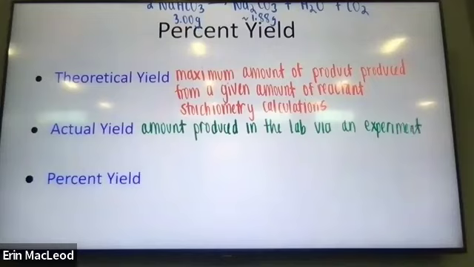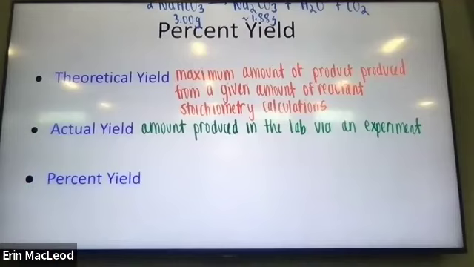Now, when we do word problems, or you take your tests, obviously you're not going to do a lab, so it'll have to give you clues in the word problem that it's an actual yield. It'll say things like, in the lab, this much was produced, or from an experiment, this much was produced. Okay? I could give you a data table, and it would be how much at the end did you measure, right? So your actual yield is, I do the experiment, and I measure how much product did I actually make.